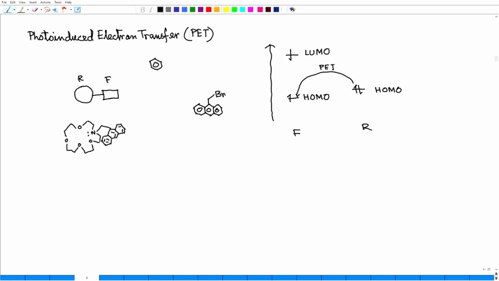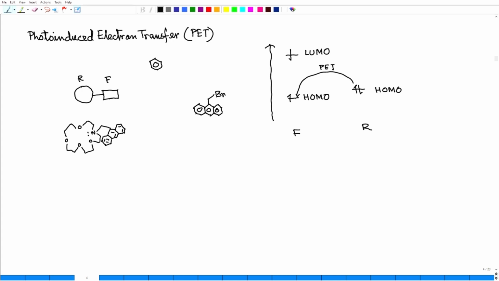So, I will tell you the situation again. I have this compound and now I excite it. When I excite this fluorophore, it gives me a singly occupied LUMO and HOMO, but it cannot remain singly occupied. So, from this HOMO of the receptor, that is a nitrogen lone pair, one of the lone pair electrons will be donated to the HOMO.